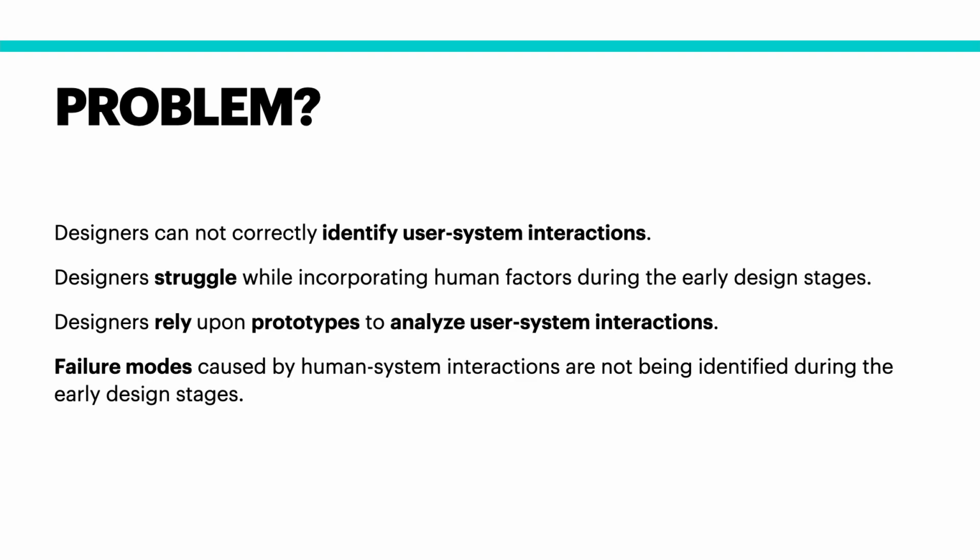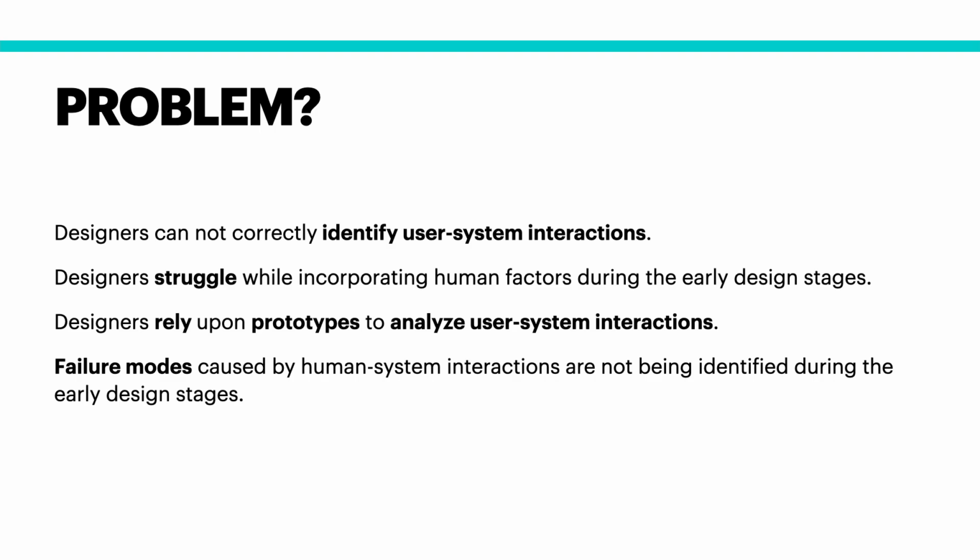But also, designers cannot identify or analyze these user interactions until they have a physical prototype. And designers are not necessarily trained in human factors engineering, so asking them to do this type of analysis is really complicated.